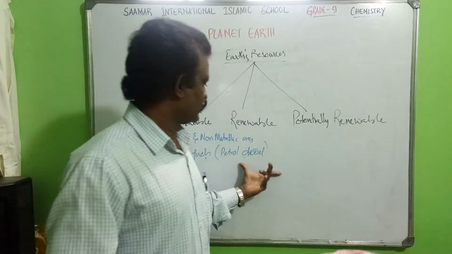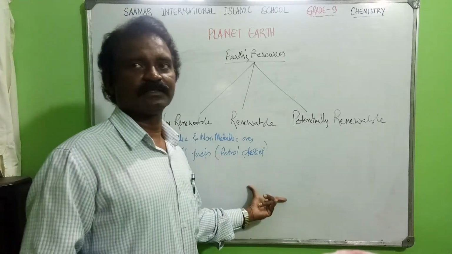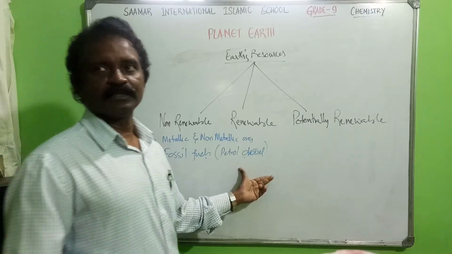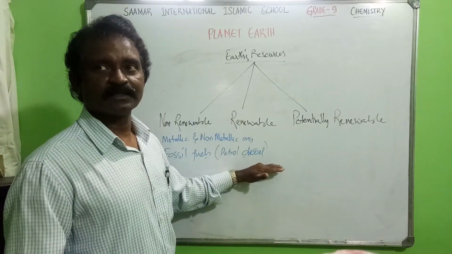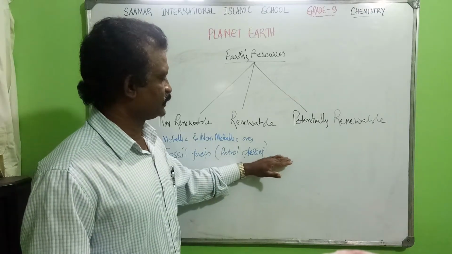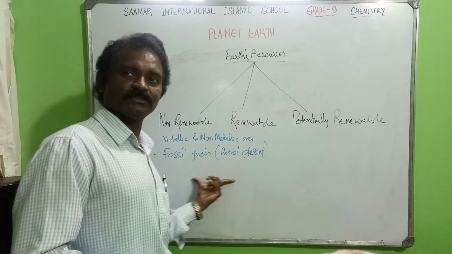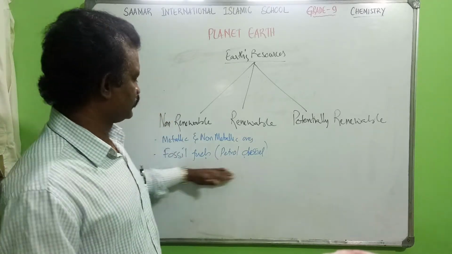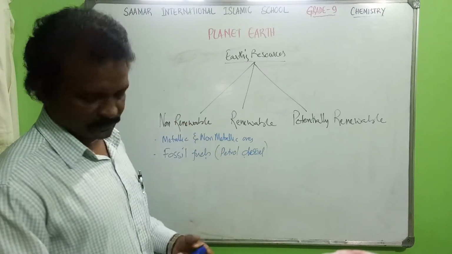Okay, now this can be recycled unless and until we don't use them. For example, solar energy. I am using solar energy to run my vehicles. I am using chemical energy to run my vehicles. Like that, if I think of that, that means we can survive. We can make them use limitedly.